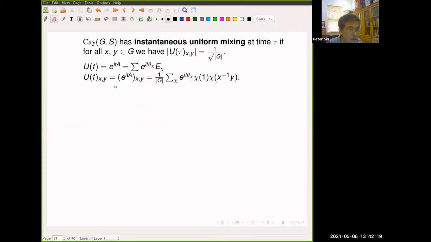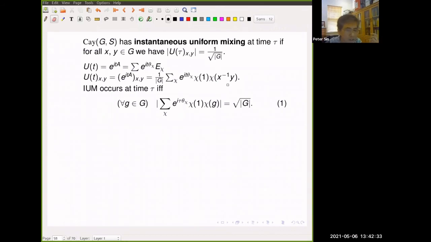So if we want U of t xy to have absolute value 1 over root |G|, we want the right-hand side to have absolute value square root of |G| for all x and y. Okay. So that's the necessary and sufficient condition for the Cayley graph to have instantaneous uniform mixing at time tau.